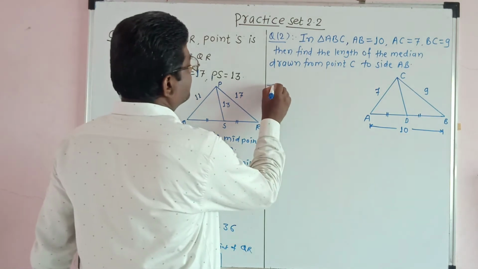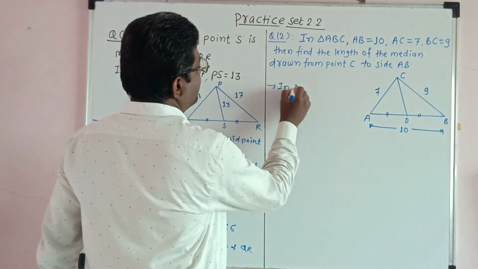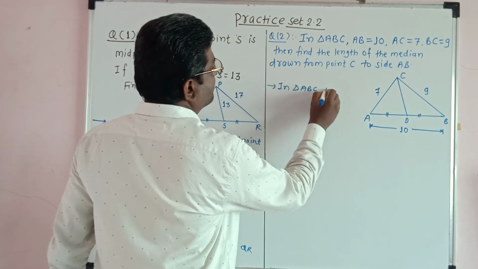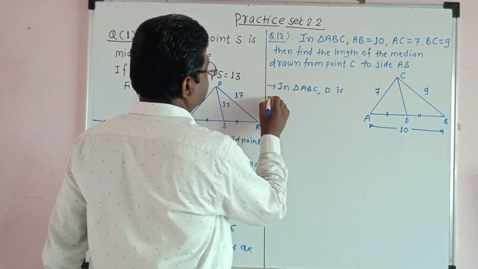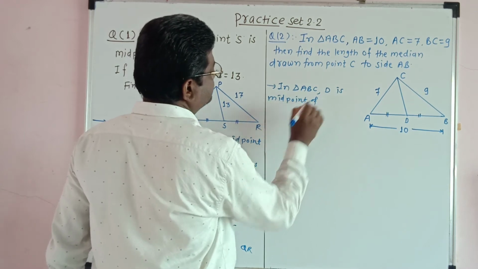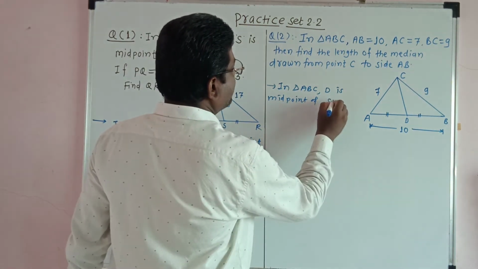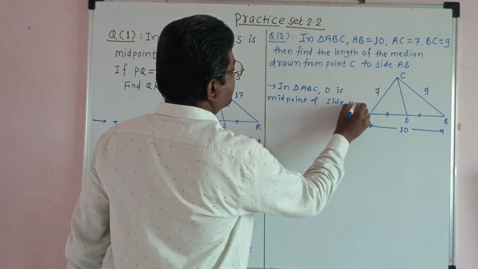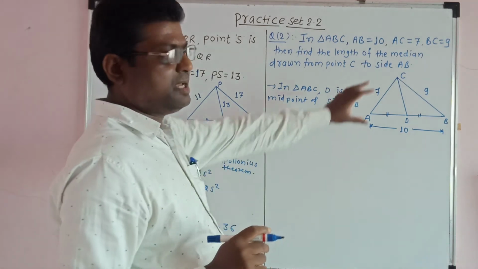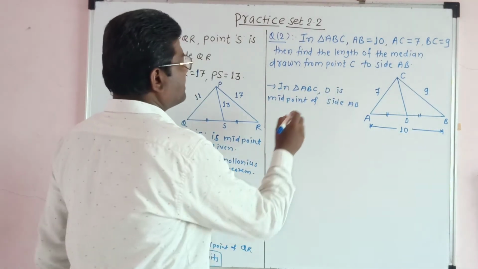So we write, in triangle ABC, D is midpoint of side AB. Therefore we can apply Apollonius theorem for this triangle.